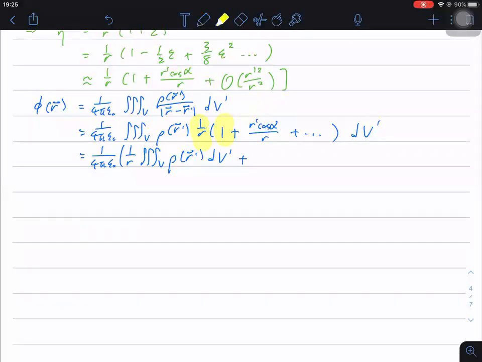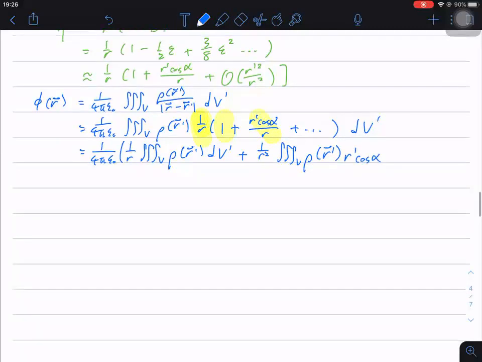For the second term, we have 1 over r multiplied by r prime cosine alpha over r. Again, the 1 over r term is constant to the integration, so we can move it out. What is left in the integral is rho times r prime times cosine alpha, and of course all the higher order terms.